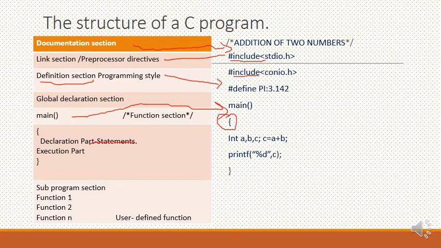After writing all the things, you have to end the program. This opening brace is nothing but where the C program begins. The closing brace is where the C program ends. I have written one small example for the understanding purpose of the C program.